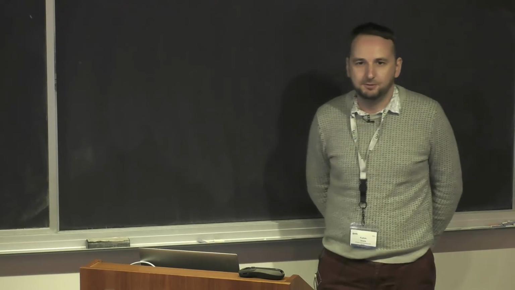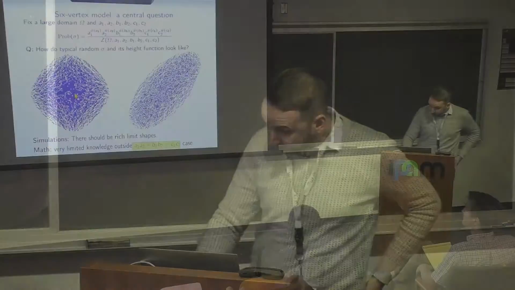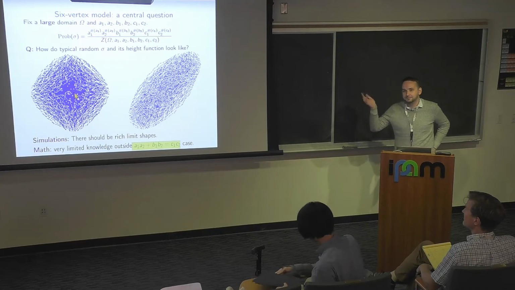So even for those domain wall boundary conditions, which, for example, Philippa was discussing yesterday, we know this is the situation, but we don't know anything about this picture. You see that clearly the densities are different in different parts of the picture, but actually, we don't even have a conjectural expression for that. So that is completely open. And I think it's a fascinating question to find these limit shapes and try to say something about these limits.